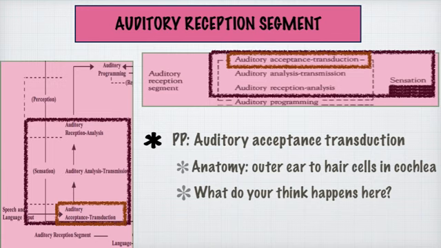So basically the sound is sent into your ear, transformed into different energy, di ba? It transformed from acoustic to mechanical to hydroelectric na din siya, up to the cochlea, to the hair cells in cochlea.